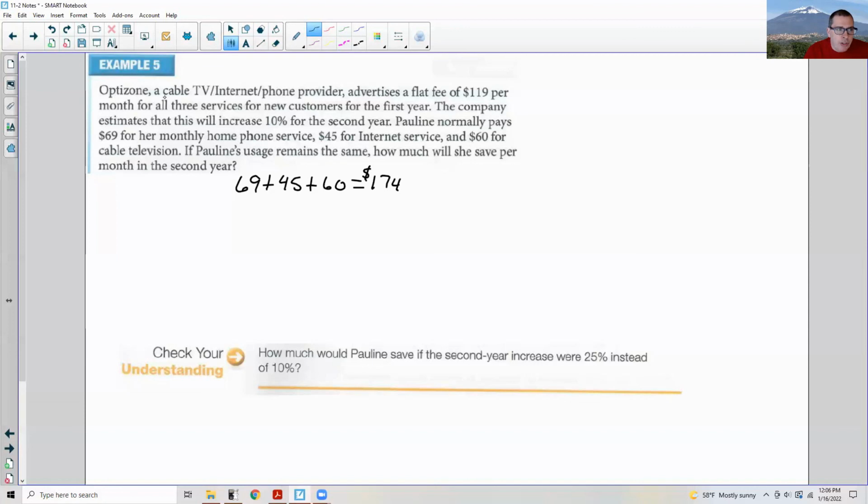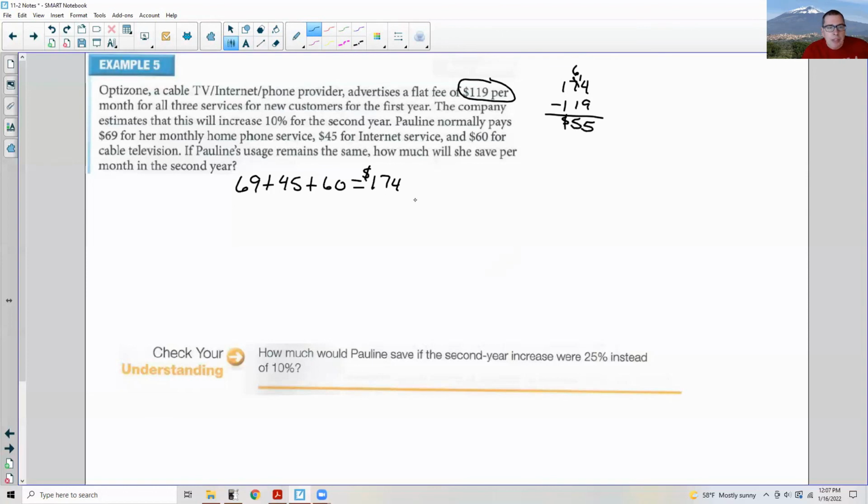And now Optizone is offering a flat fee of $119 for the first year. So it's not asking this, but I can calculate that right now. If she got this Optizone, she would save, oops, not 190, 119. She would save in the first year, because 119 is less than 174, obviously, she'd save $55 her first year.